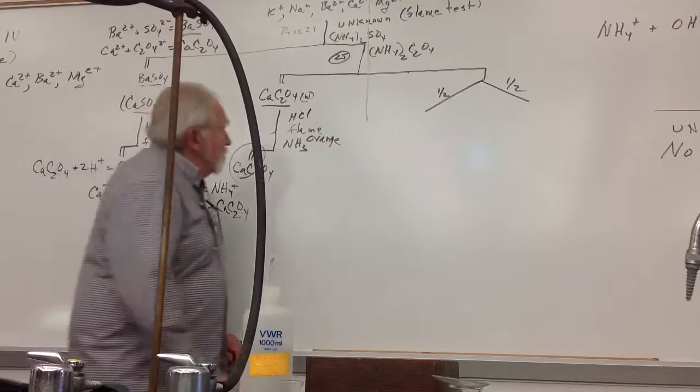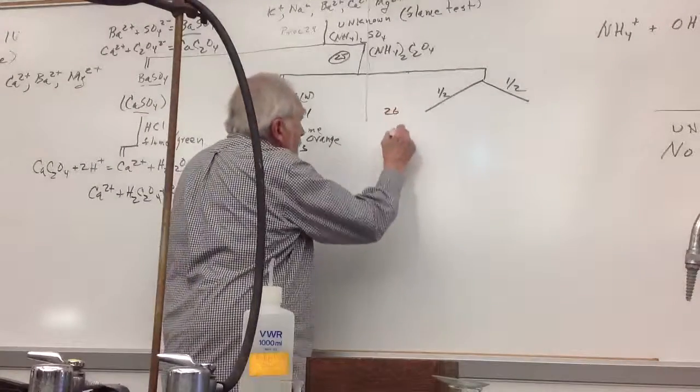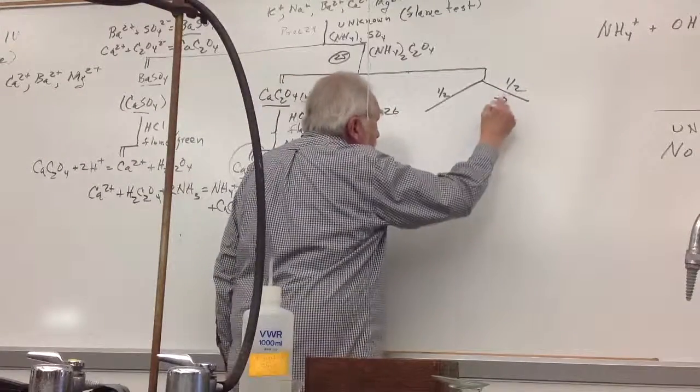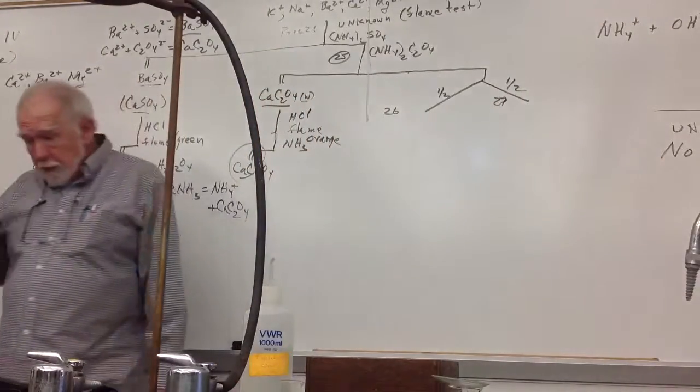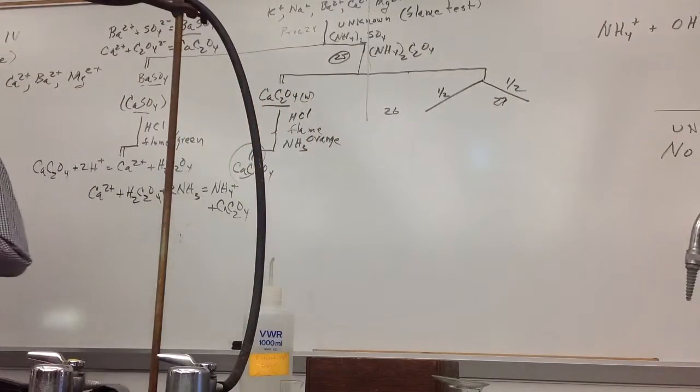This is procedure 26. This is going to be procedure 27 with the other half. So in procedure 26, you make it basic again with ammonia, and then you add disodium hydrogen phosphate.